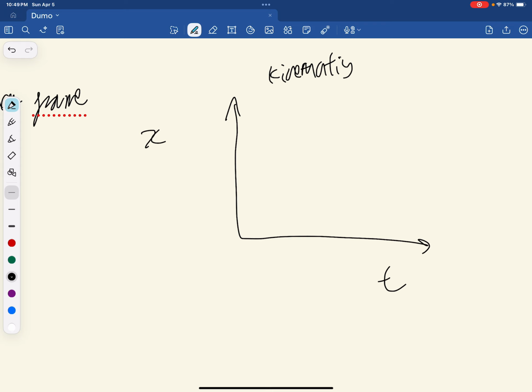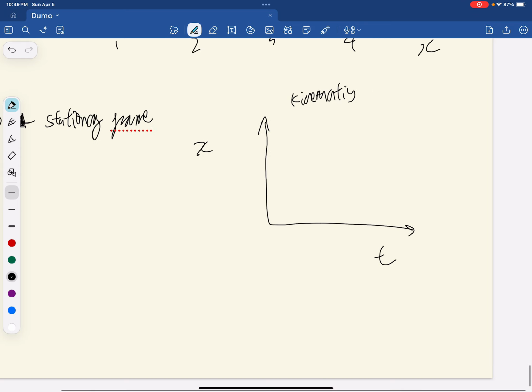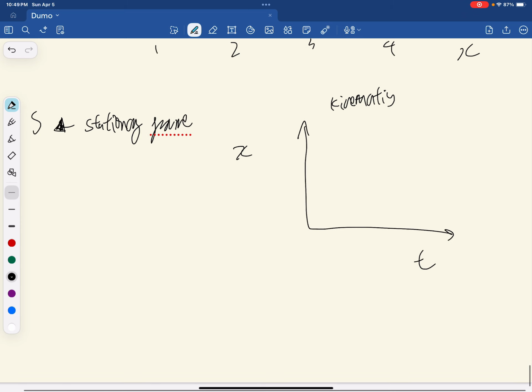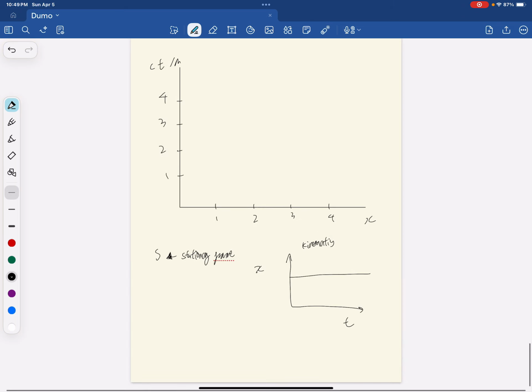Any kind of line we can draw correlates to a trajectory of an object in space and time. And if we want to show that an object is stationary, we show a straight line, right? So how would you show on this space-time diagram something being stationary?